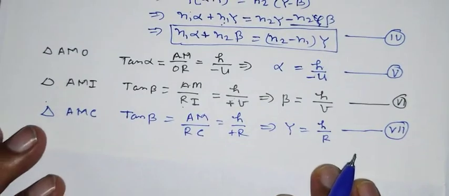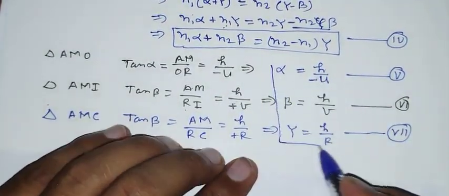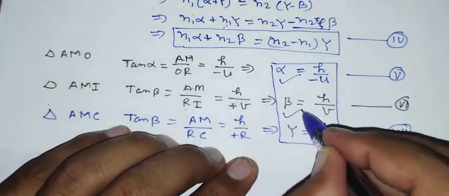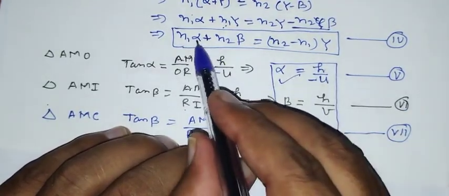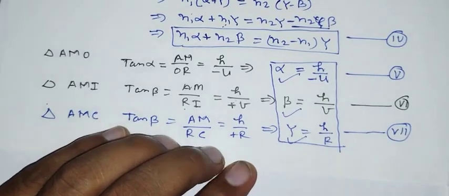Now what will we do at this stage? We have obtained the values of alpha, beta and gamma. Now we place these values in equation number 4.